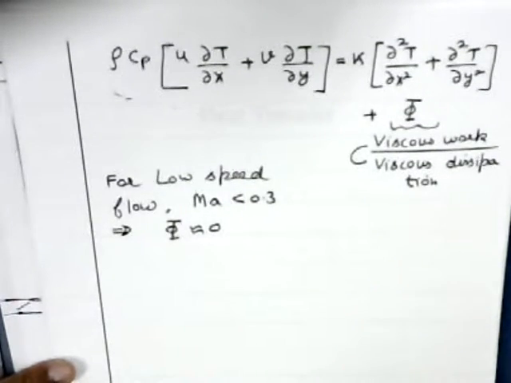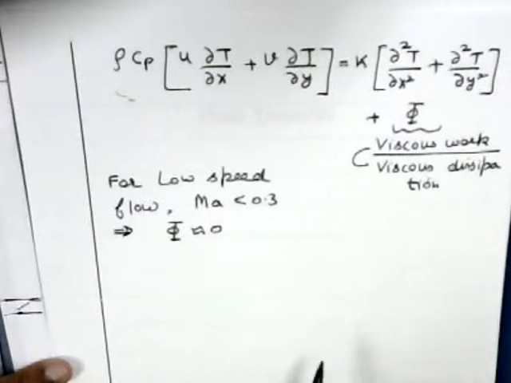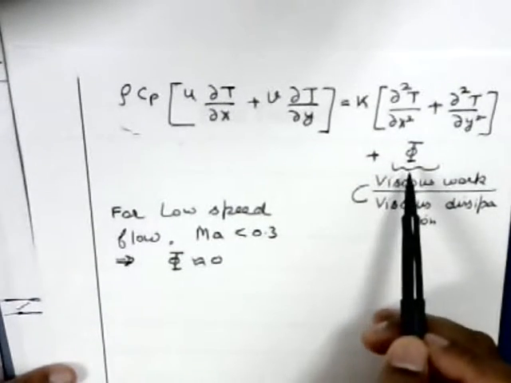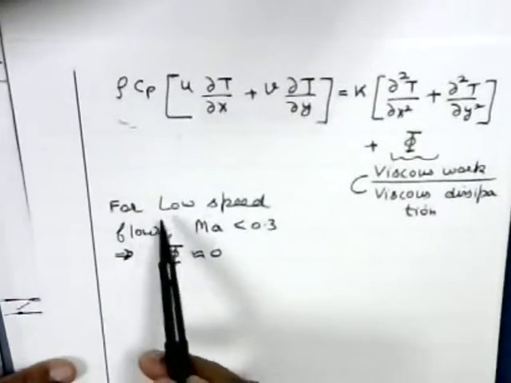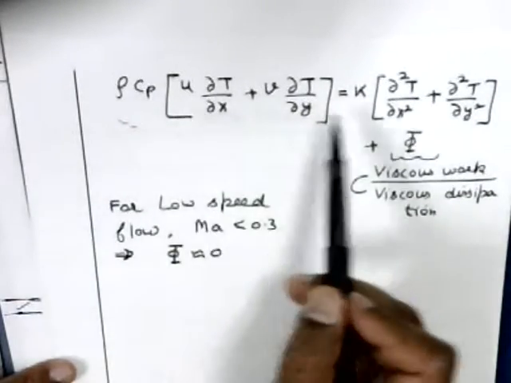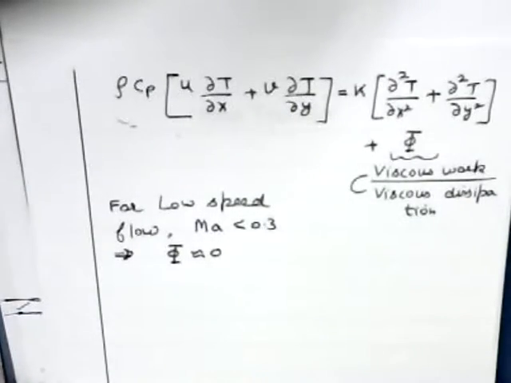So we are not even going to consider this term in our analysis. We have this term in the energy equation, but its effect is negligible for low speed flow. So we'll just have a balance of these two terms. Okay, so those are the equations we got.